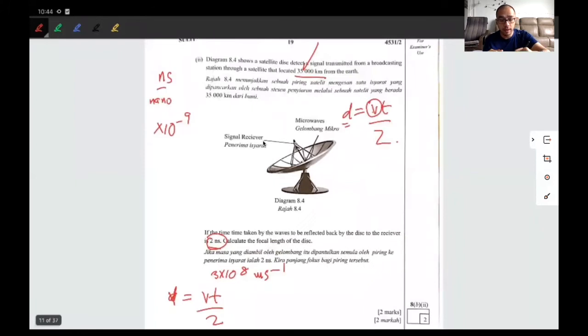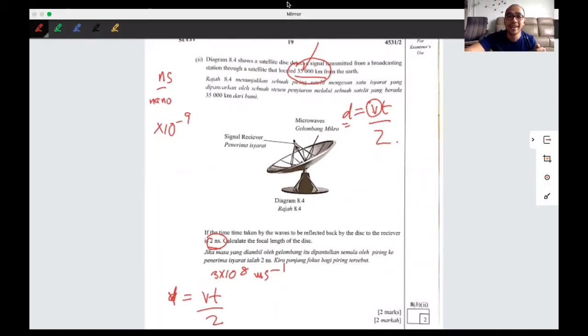There is a 35,000 kilometer that is given here. So the satellite is 35,000 kilometers over there. Okay, but wait, hold on. I need to check this again.